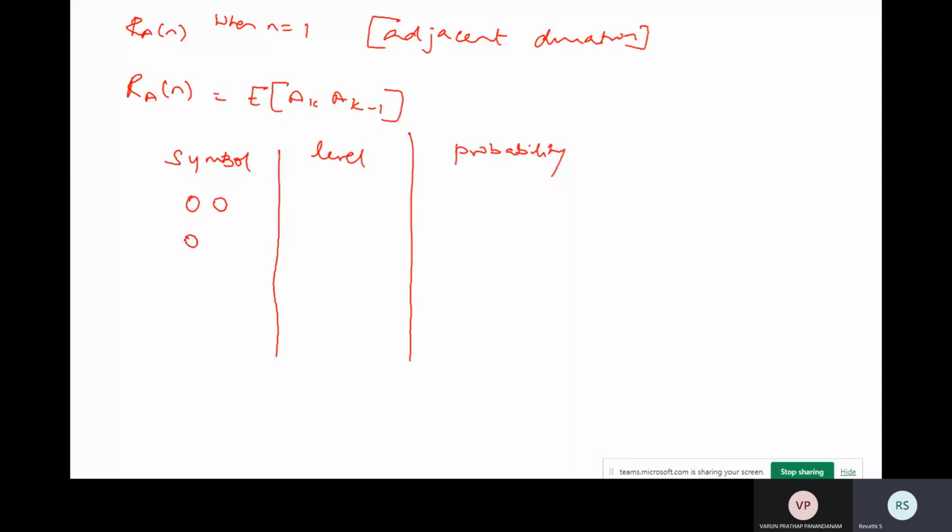So symbol, level and probability. So symbol as usual, since we are taking the adjacent duration, symbol may be 0, 0; 0, 1; 1, 0; 1, 1. So when we are talking on the level, for 0, 0, it's only 0 volts, so no other issue. We will write 0, 0.